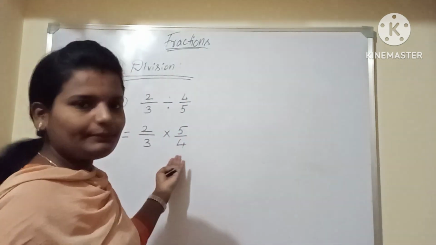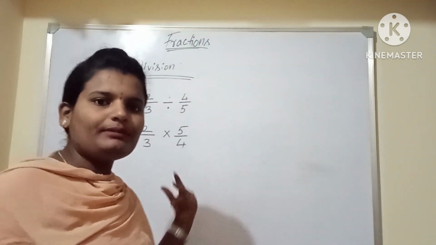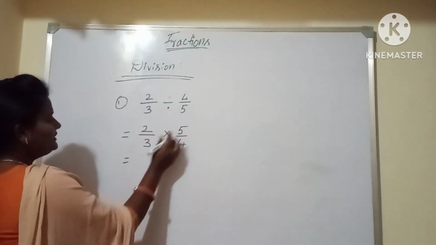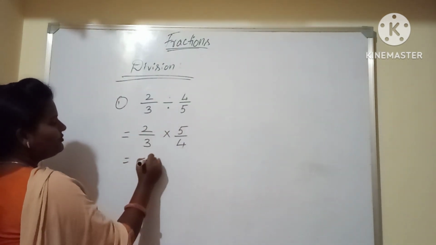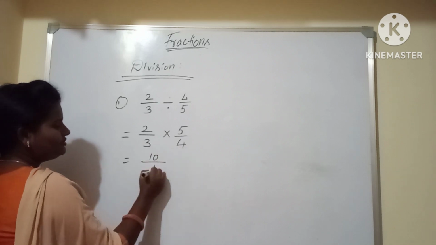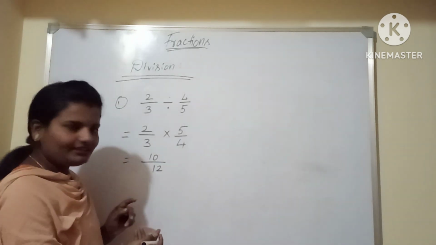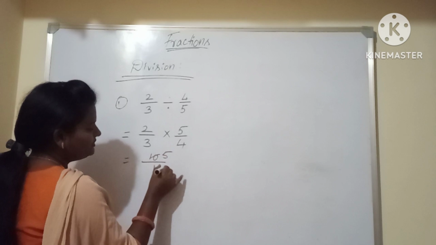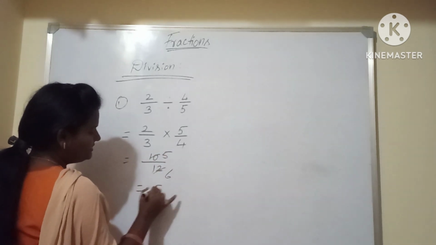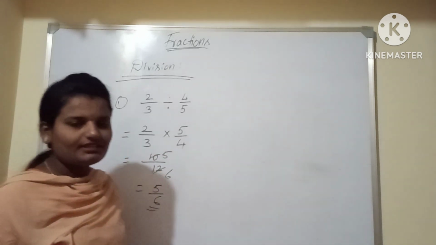Again it becomes a multiplication. Just now we learned how to do the multiplication, right? So directly 2 5s are how much? 10. 3 4s 12. Again we can simplify here also. 2 5s are 10, 2 6s are 12. 5 by 6. It's very easy, right?